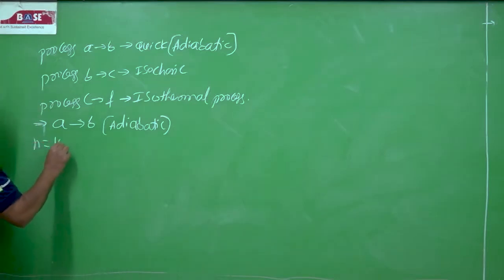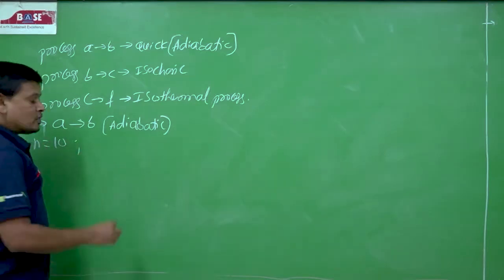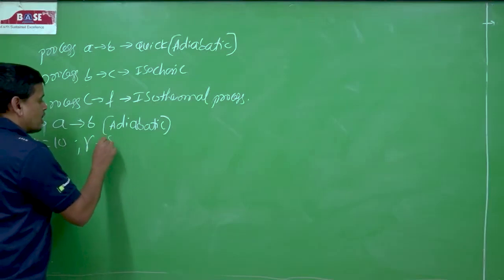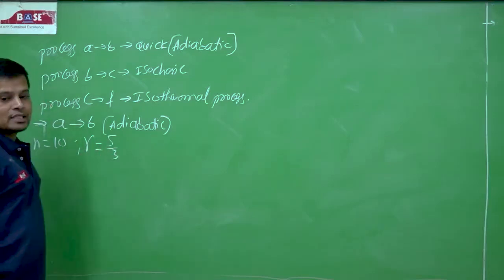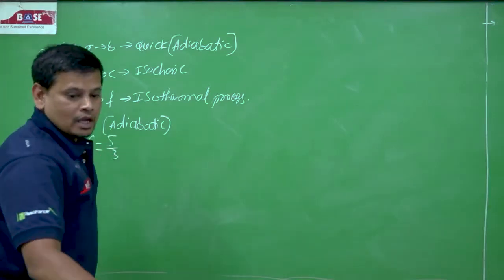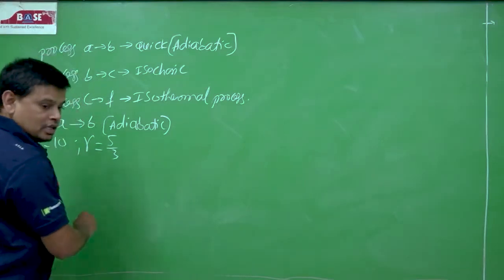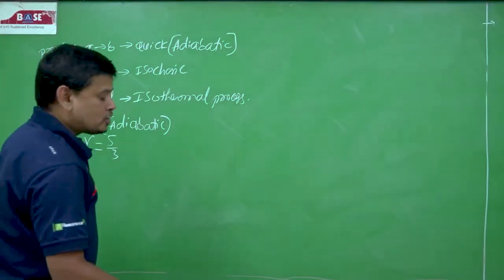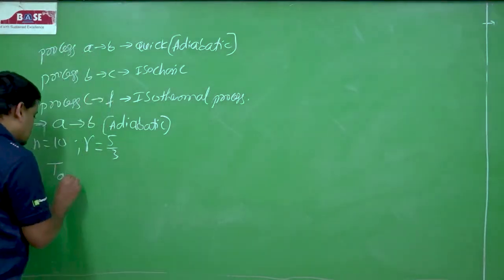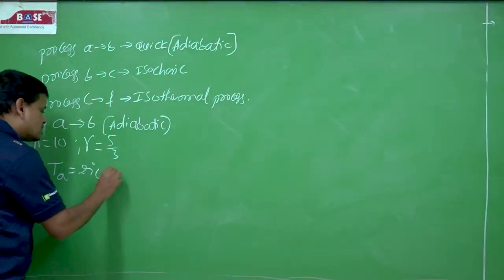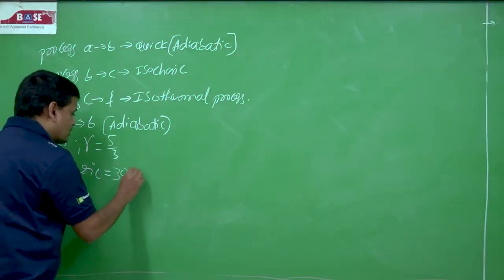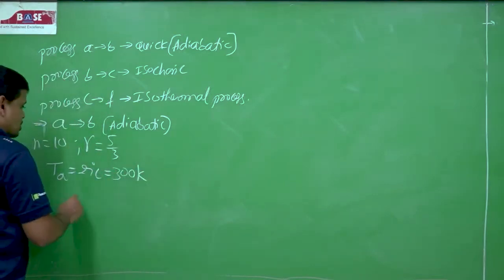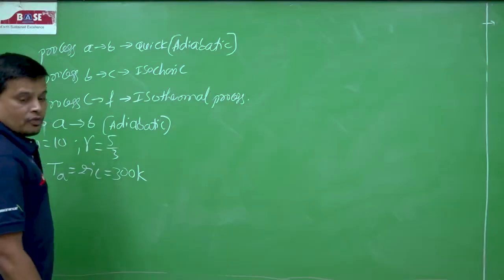Number of moles is given as 10, and the adiabatic ratio gamma is 5 by 3 for an ideal monatomic gas. Now, the temperature at A is 27 degrees Celsius, which can be written in Kelvin as 300 Kelvin, and the temperature at B I want to find.